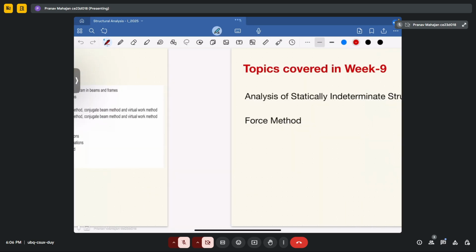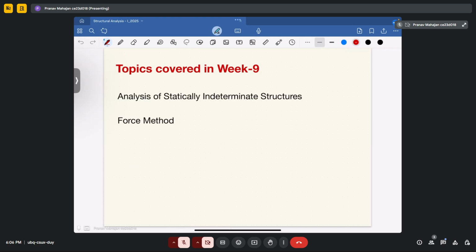So topics covered in the week number 9 are statically indeterminate structures, wherein we will solve the problems for beams, or you can say continuous beams, using force method.